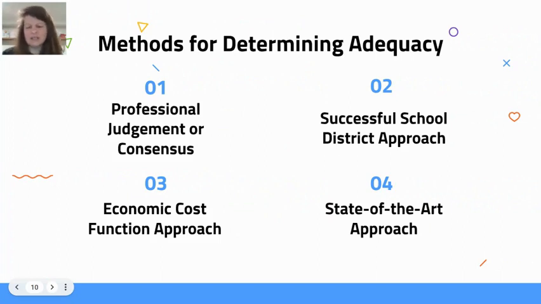The second approach is the successful school district approach. This is a method that looks at schools that meet specific outcomes as a model for determining appropriate spending. This method is less complicated because it doesn't rely on statistical methods to obtain that adequate spending number.